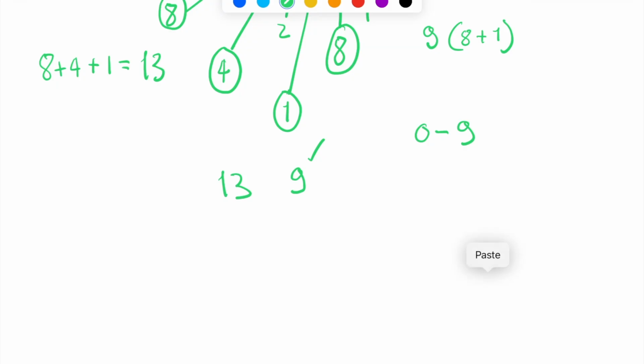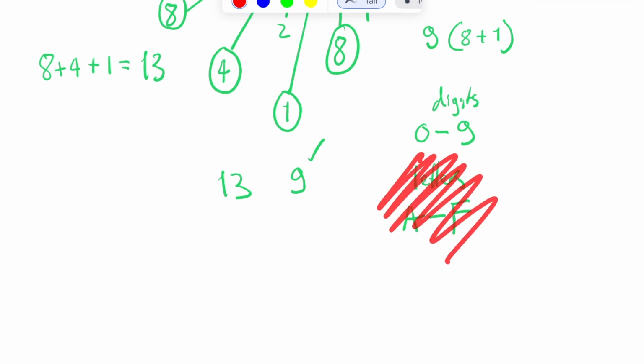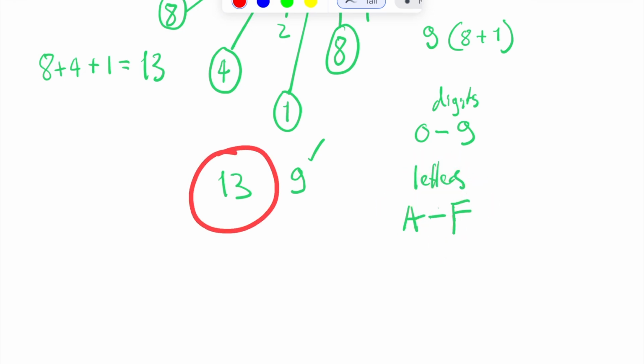But we have 13, and because hexadecimal also uses letters from A to F, 13 looks out of range.